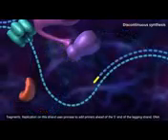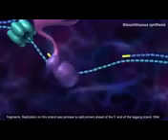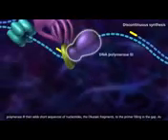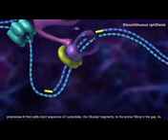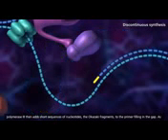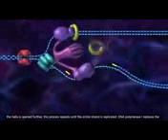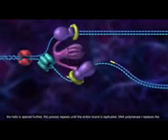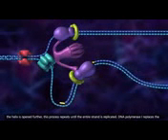Replication on this strand uses primase to add primers ahead of the 5' end of the lagging strand. DNA polymerase III then adds short sequences of nucleotides, the Okazaki fragments, to the primer, filling in the gap. As the helix is opened further, this process repeats until the entire strand is replicated.